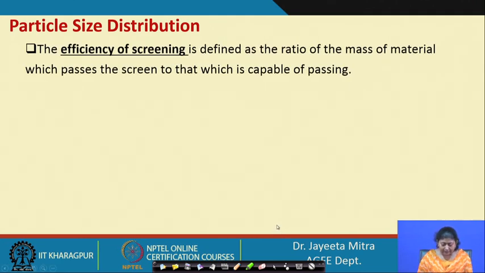As in the last class, if you remember, there are different kinds of equivalent diameter, based on the sieve opening through which the particle should pass, or based on the settling velocity, or based on size fraction.